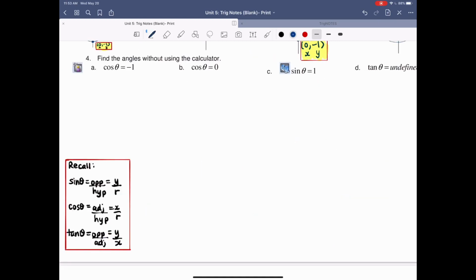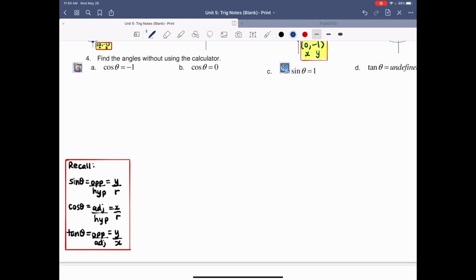So for question 4, it says find the angles without using the calculator. So over here, I wrote a little summary of what sine theta is in terms of y and radius, cos theta in terms of x and r, and tan theta is based on y over x, and that's from the previous lesson, so that I don't have to go back and forth and you know what I'm referring to.